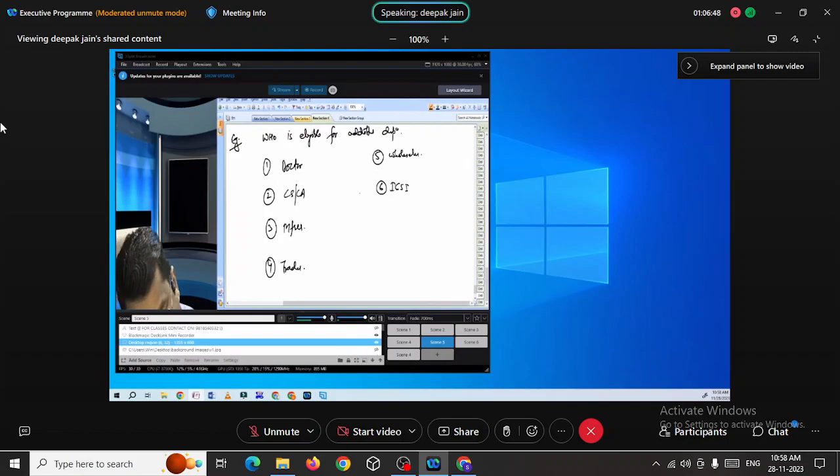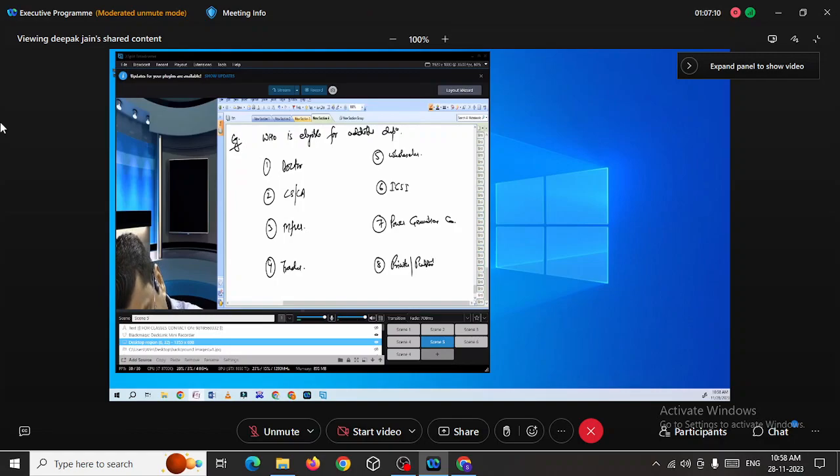ICSI can claim additional depreciation or not. Wholesaler, retailer, manufacturer, power generation company, printer or publisher. Who amongst the following can claim additional depreciation?